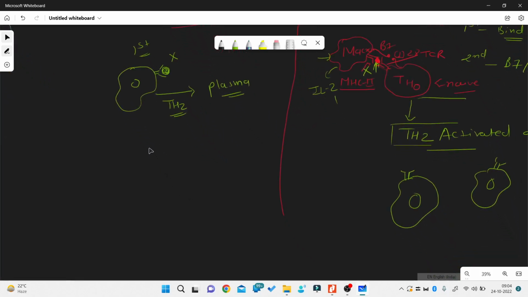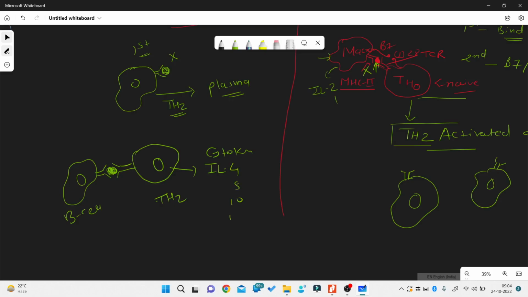So what happened here? Suppose you have a B cell here, and on the BCR you have epitope X. At the same time, you have your activated T cell, the TH2 cell, and this is the common epitope X. When these two cells come into contact with each other, this TH2 cell releases various kinds of cytokines like IL-4, 5, 10, 13, various kinds of interleukin cytokines produced by these TH2 cells.